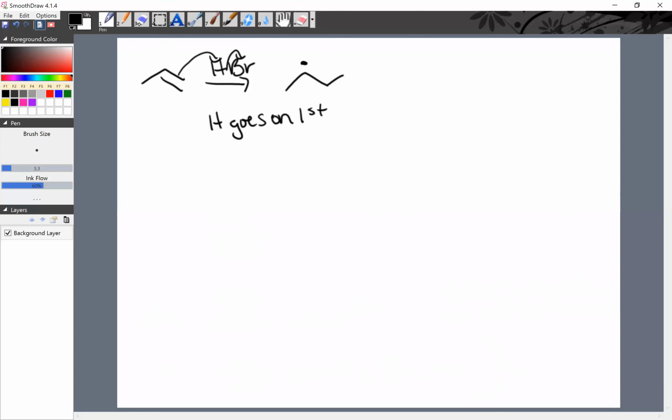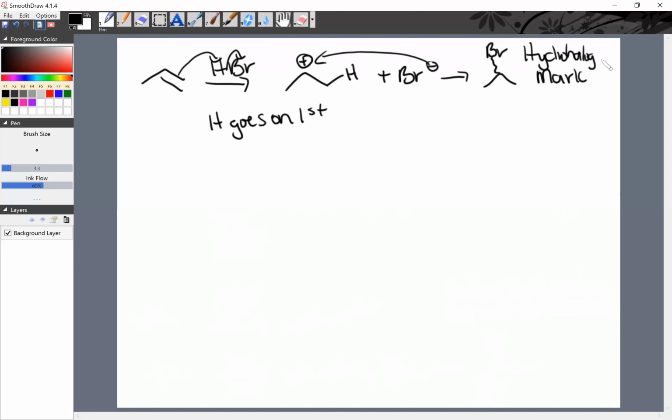Whoops, not radical right there. So the hydrogen would go on first, and then the bromine would go on second. Okay, so that's Markovnikov hydrohalogenation. Okay, so that's what we saw before. The bromine goes on second.